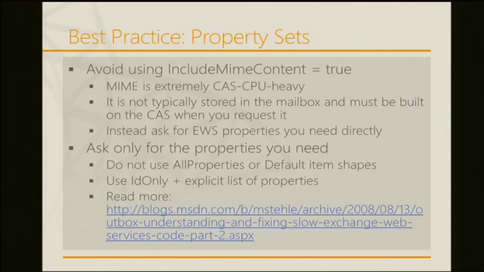In that process, the properties are requested from the CAS to the mailbox server, and then the CAS server assembles all of those properties together, converts that to MIME, and sends that over the wire. So it can be pretty CPU intensive, especially for large items.